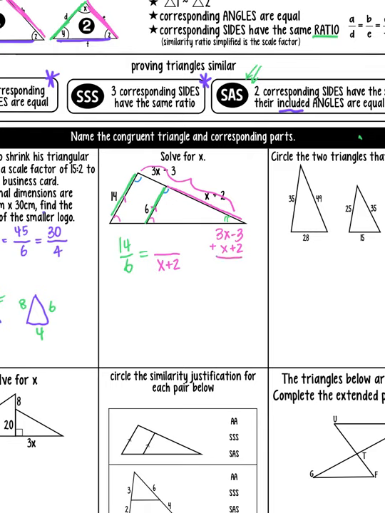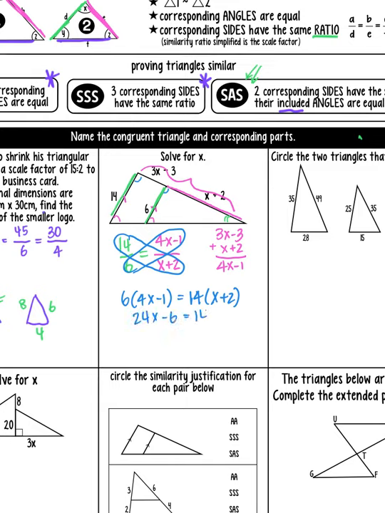So when I add those together, I get 4x minus 1. When I cross multiply, I've got 6 times 4x minus 1 is equal to 14 times x plus 2. I end up with 24x minus 6 equals 14x plus 28.